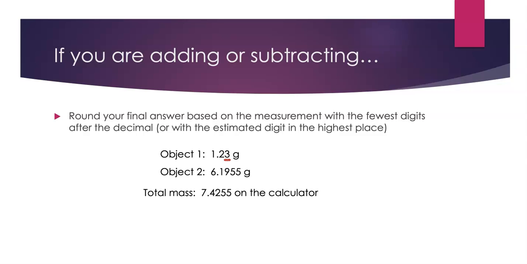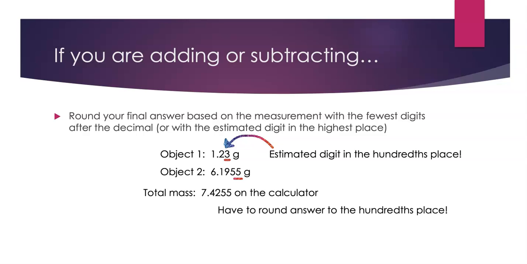For object 1, my estimated digit is in the hundredths place. Object 2, of course, has digits farther out than that. But this means that I have to round my answer to the hundredths place. I can't be more precise than the measurement for object 1. So I need to report this total mass not as 7.4255, but as 7.43 grams.